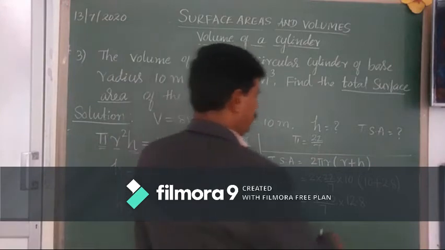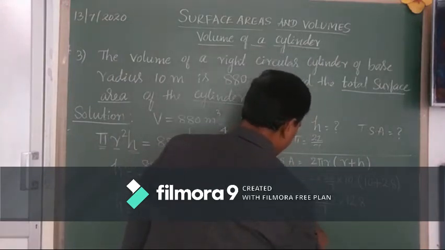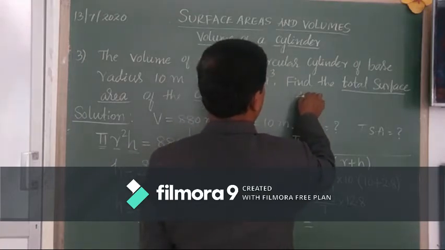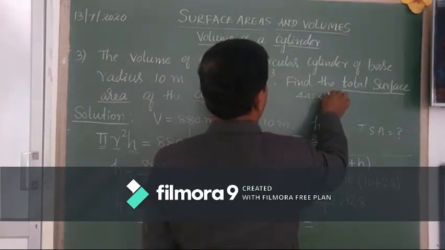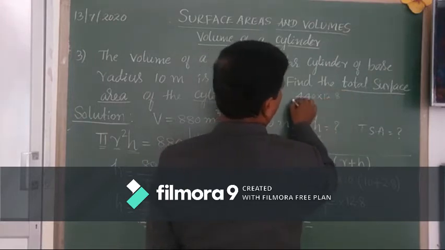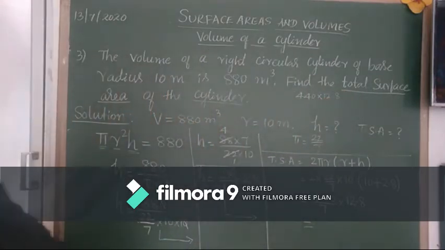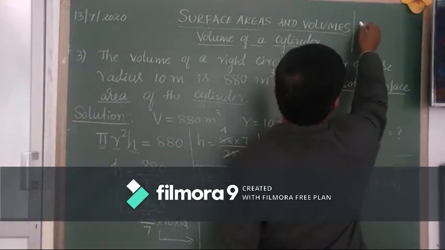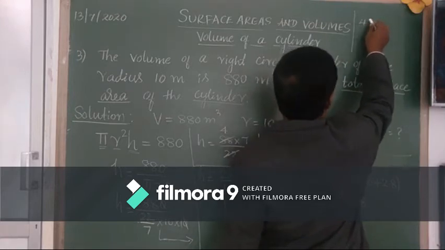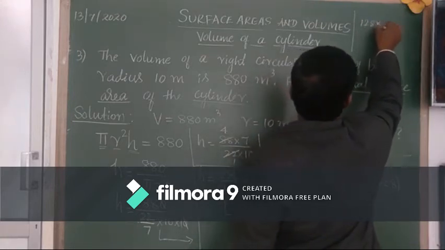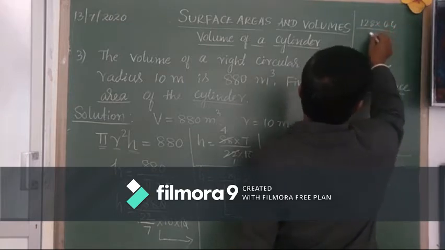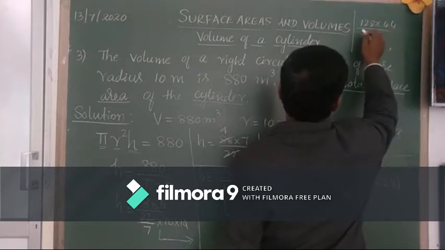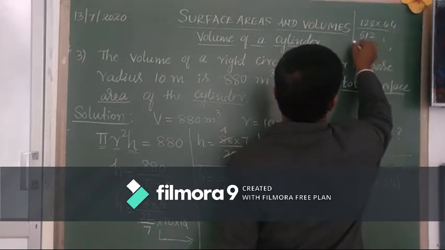12.8. Now multiply this. On multiplying 12.8 with 440, how much are you going to get? 440 into 12.8. So I will do that at the top. Here I will write 128 into 44 I am taking. 8 4s are 32, 3. 4 2s are 8 plus 3 is 11, 1. 4 1s are 4, 1, 5. 2, 1, 5.